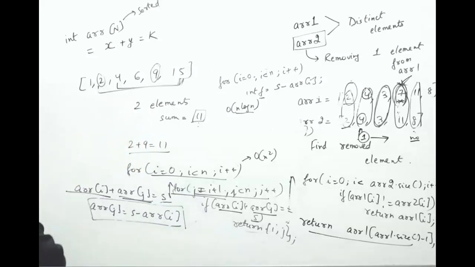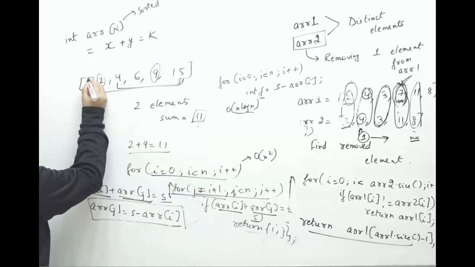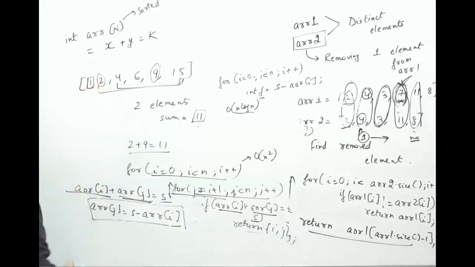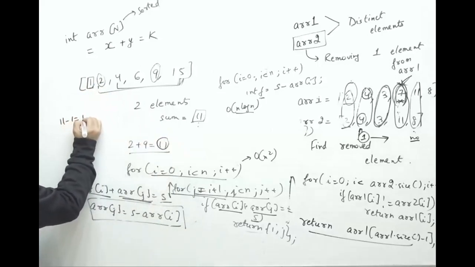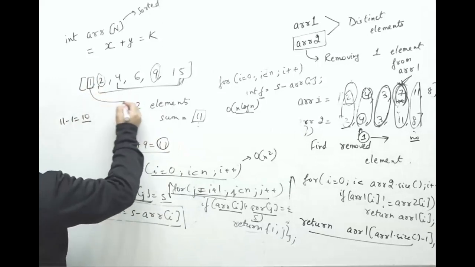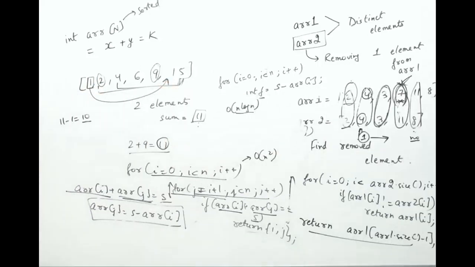Let's look at it this way. When my first element was 1, what did I need to find? I needed to find 11 minus 1, which is 10, and it would lie somewhere here, if it was there in the array.